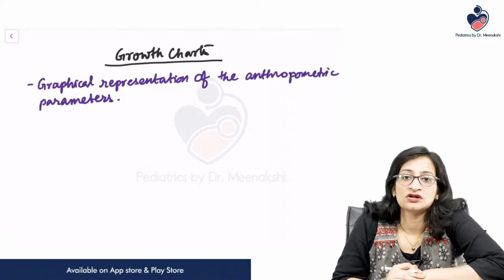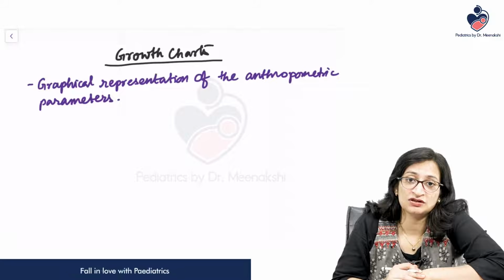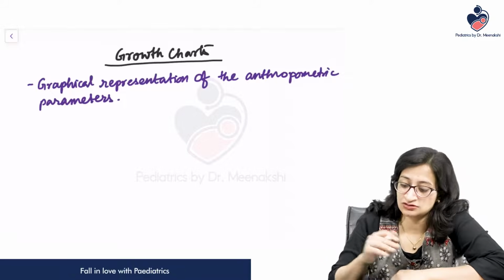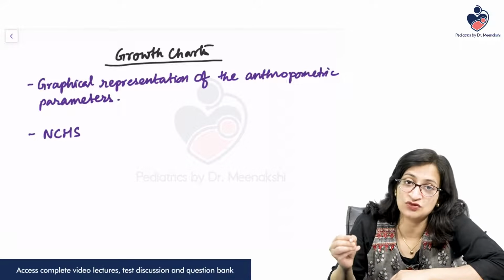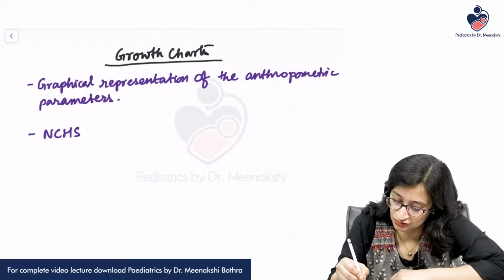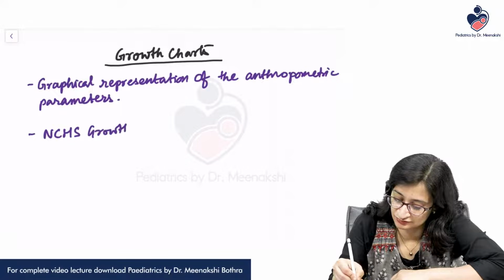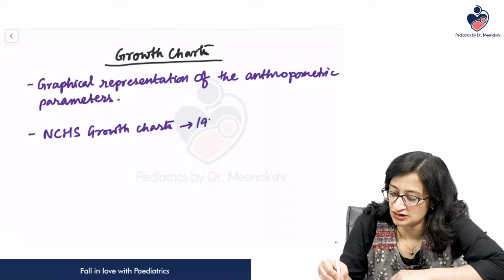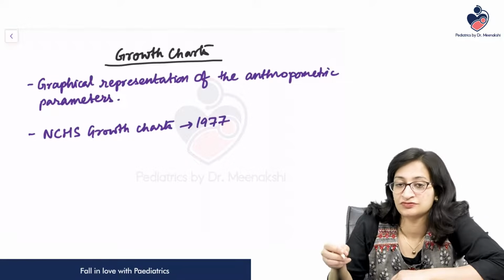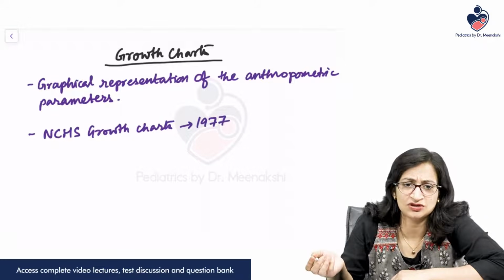One of the oldest growth charts was the NCHS growth charts, National Center for Health Statistics growth charts, which came in the year 1977. Lots of growth charts came in between.